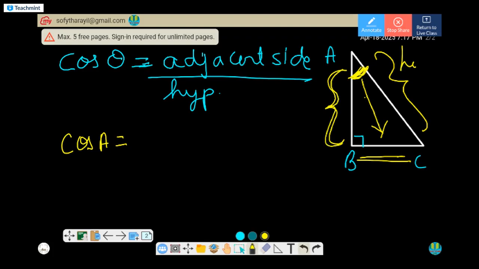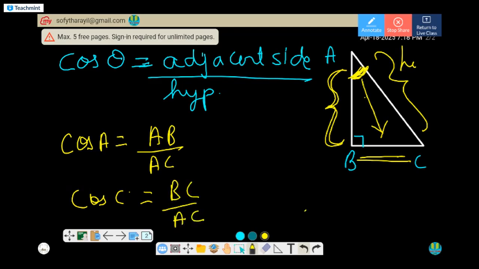So we'll write AB by AC. Okay. So Anushka, tell me what will be cos C? Yeah, it will be BC upon AC. Correct. BC upon AC. Write this down.